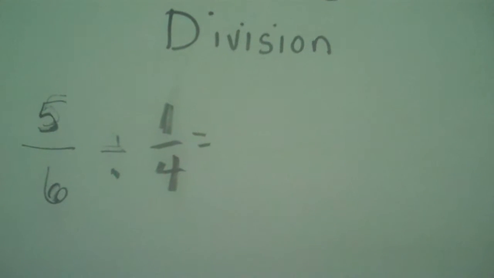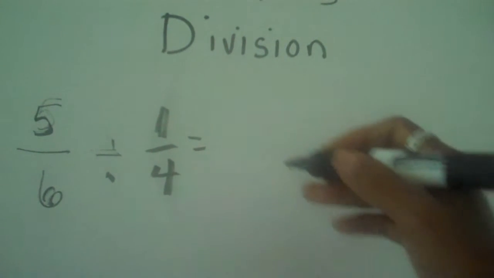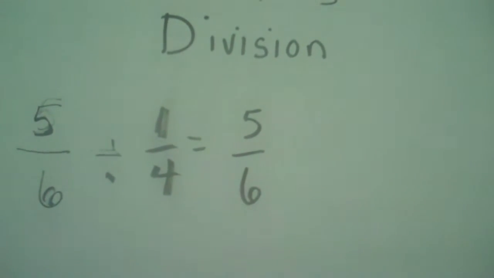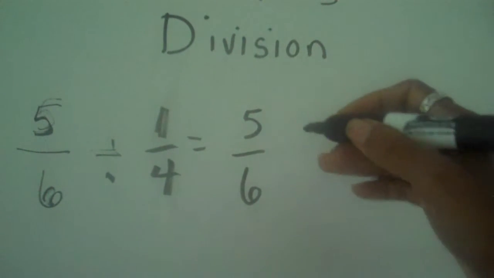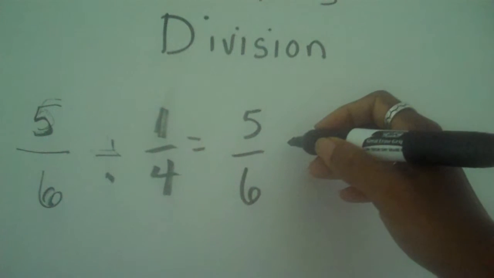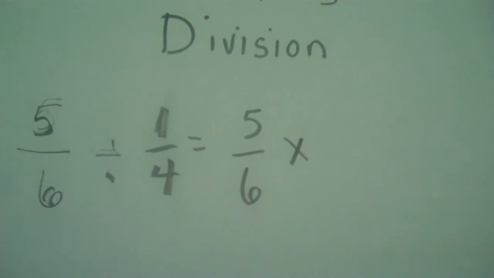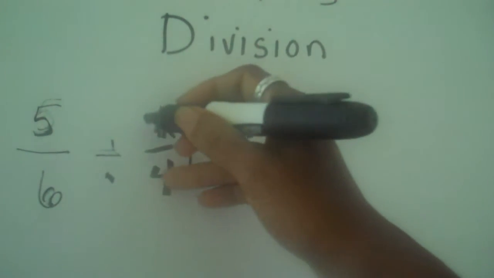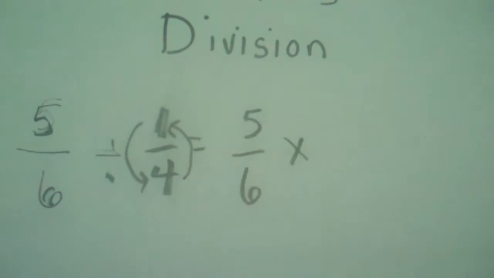And we do that by first writing the dividend, replace the division with the multiplication sign, and then invert the divisor. And to invert the divisor, the denominator becomes the numerator and the numerator of the fraction becomes the denominator.